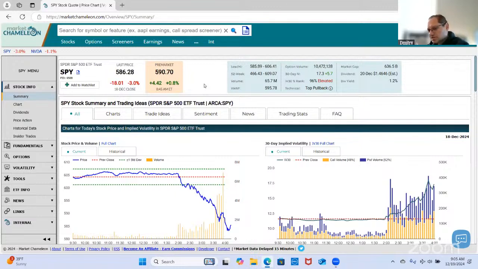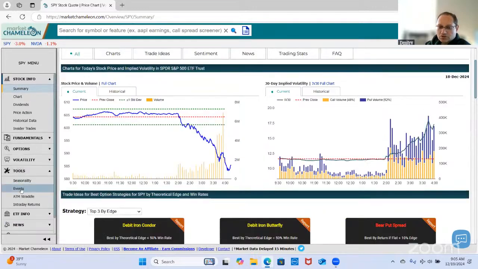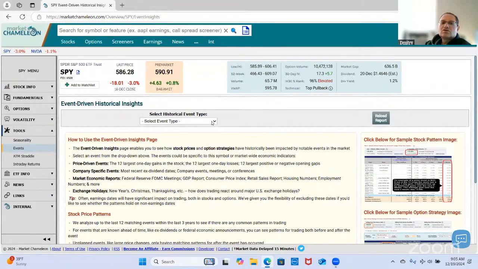Those are two things that happened yesterday: the Fed meeting, and the big 3% drop in the stock market. So I'm going to go to the tools, under events. We click events, and we have this drop down menu to select from.